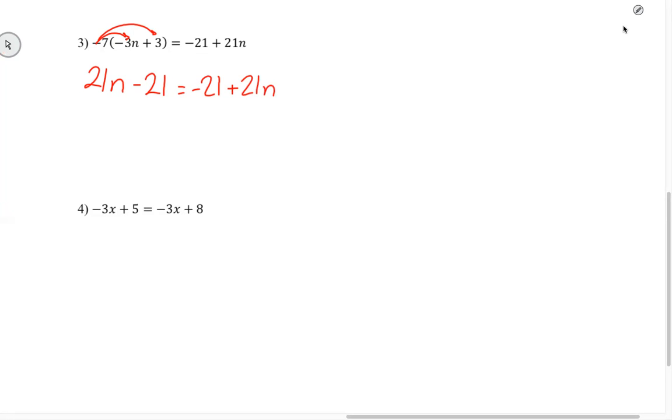And I know Kender can see it from here that both sides have 21n on it and both sides have negative 21. So I'm confident she can see that it's infinite solutions.